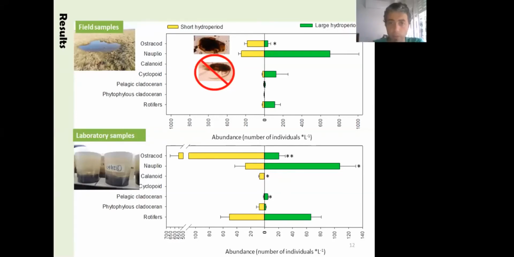The abundance of calanoids was also higher in the short hydroperiod ponds. Nauplii and pelagic Cladocera were higher in the large hydroperiod ponds. And again, in this case, cyclopoid copepods were absent in the laboratory samples, in the hatching from sediments.